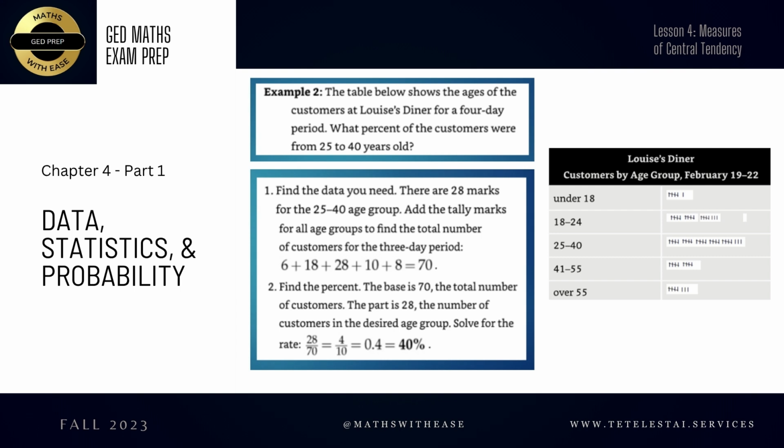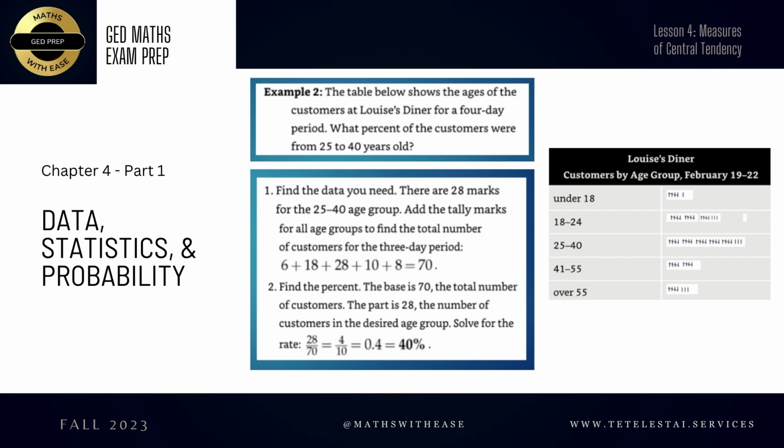So if I tell you 100%, you know that I'm saying 100 over 100, okay? So we move our decimal point 2 places to the right to indicate that we've multiplied by 100, because again, remember, 0.4 times 100 is the same as moving the decimal point over to the right 2 times, okay?